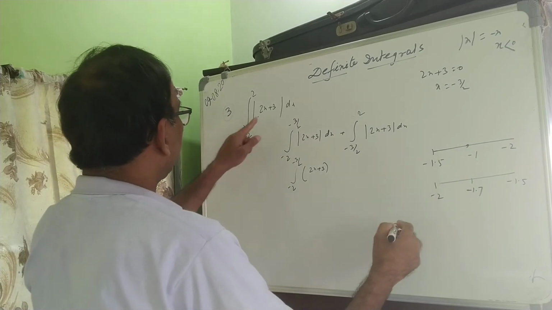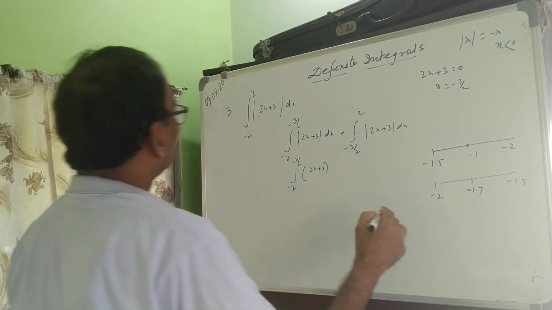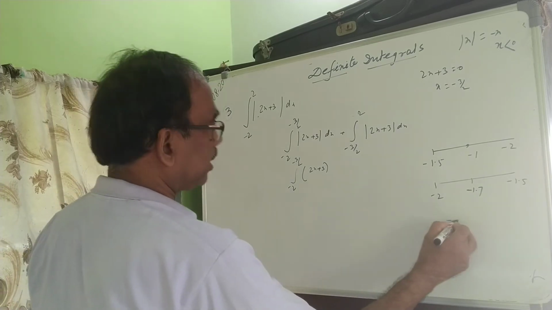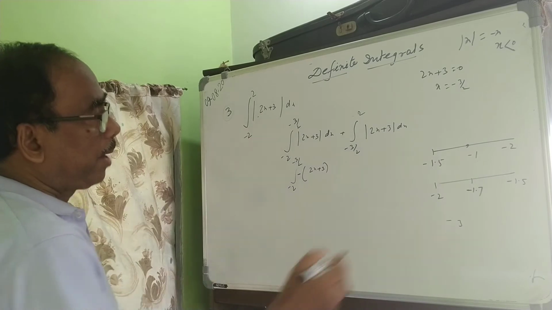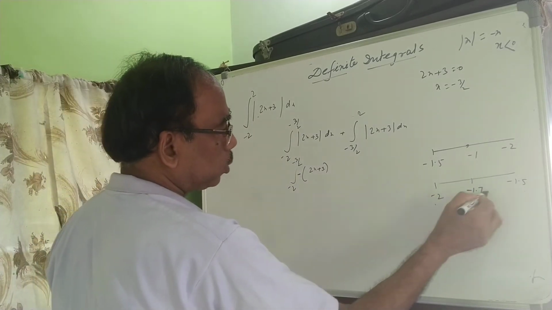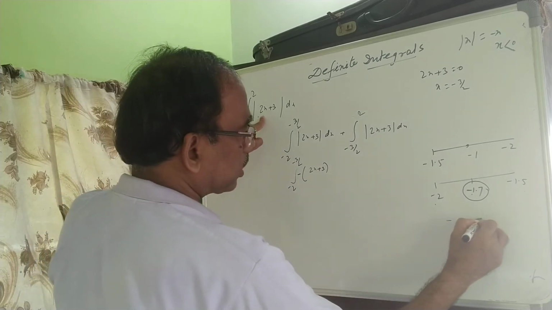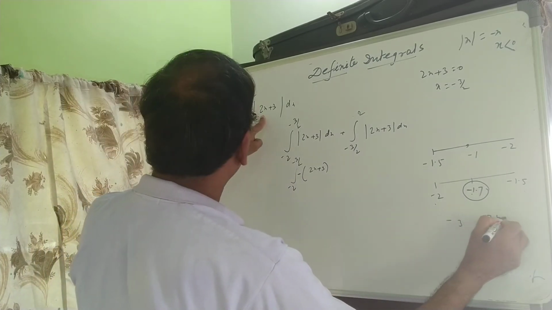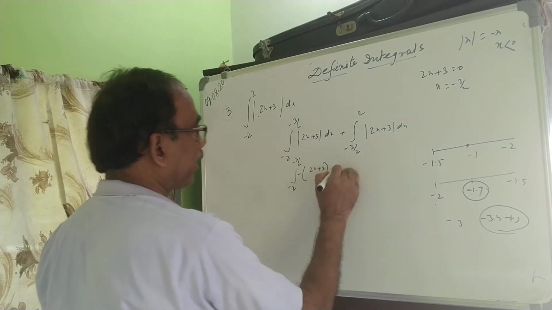Suppose minus 1.7, 2 into minus 1.7, minus 3.4 plus 3, that is negative. This will be negative sign. That is negative sum is coming. This will be negative, you remove the bracket.